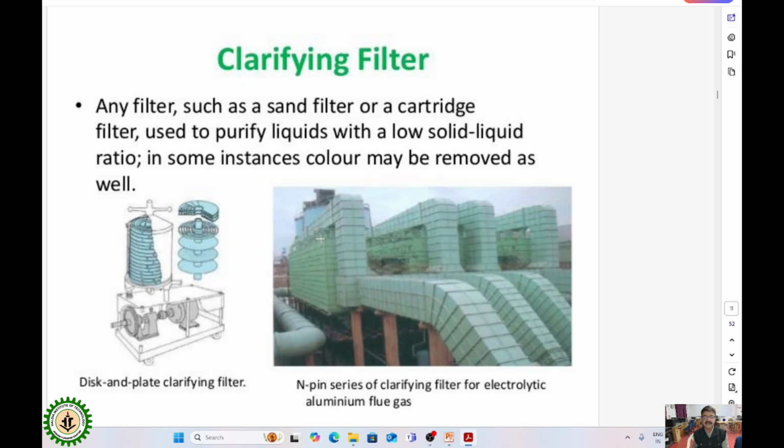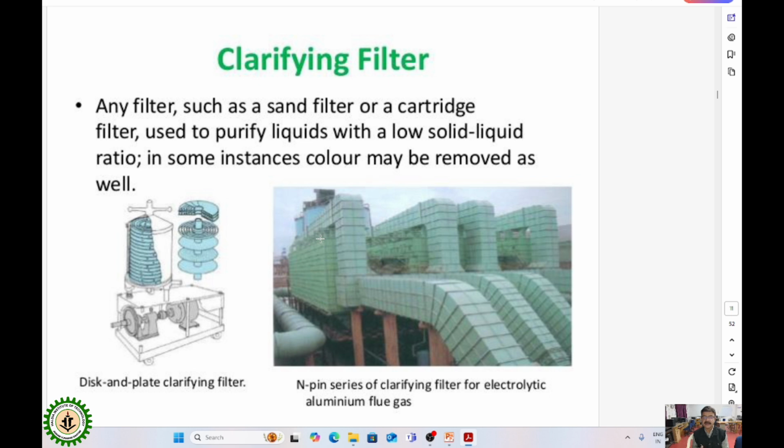Clarifying filter, to some extent, its design is different. Any filter such as a sand filter or a cartridge filter is used to purify liquids with a low solid-liquid ratio, meaning the solid content, the solid concentration in the slurry, is very low.